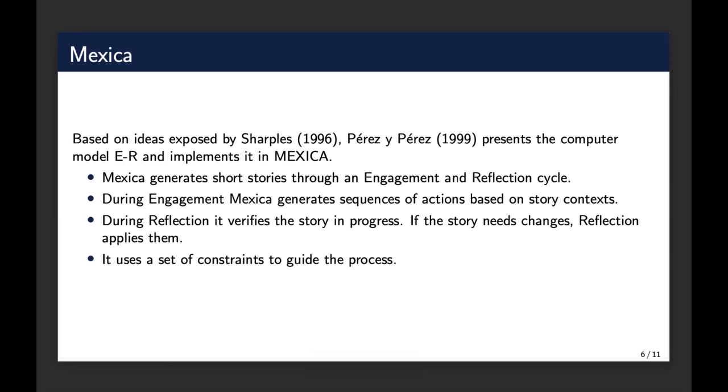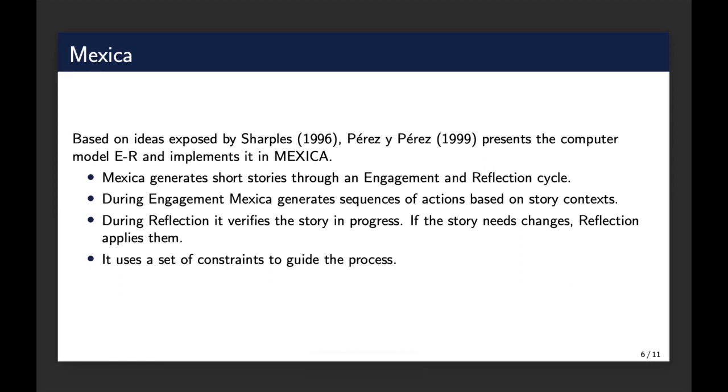During engagement, Mexica generates a sequence of actions based on the story context. Those actions generate a context. Then the context is used to say, okay, based on this context, I can put this new action in the story in progress, and that generates a new story context, and then it continues adding new actions to the story.